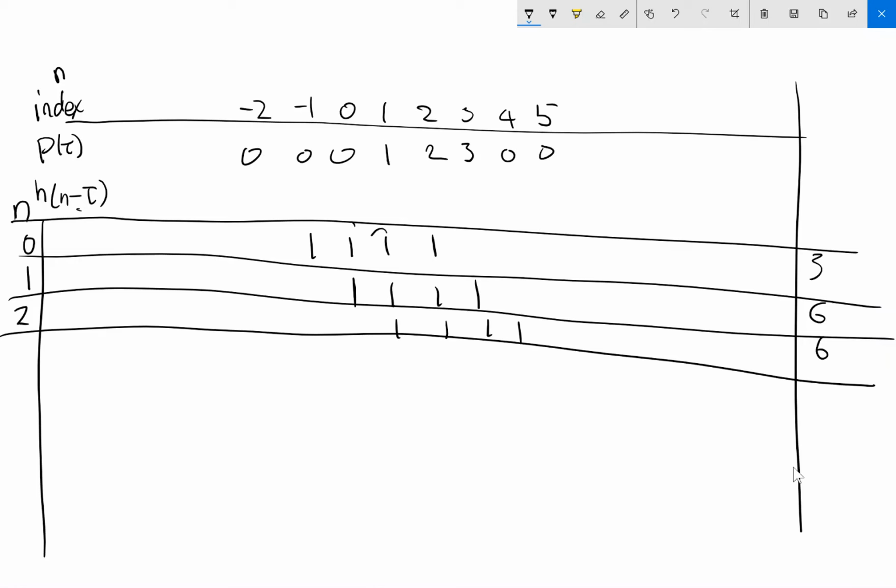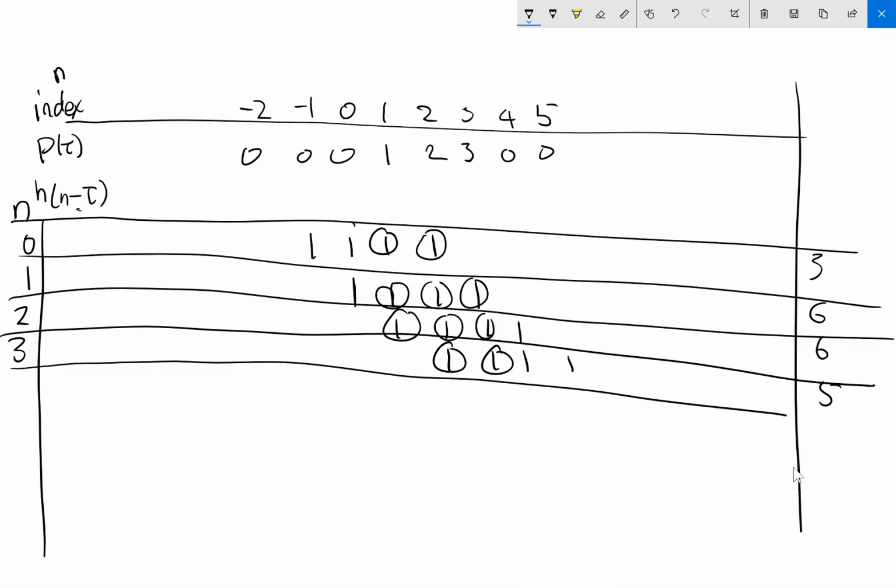So I'll circle the overlaps. And 3. Keep shifting. This one is 5. And 4. This one overlaps, it is 3 times 1, and this is just a 3.